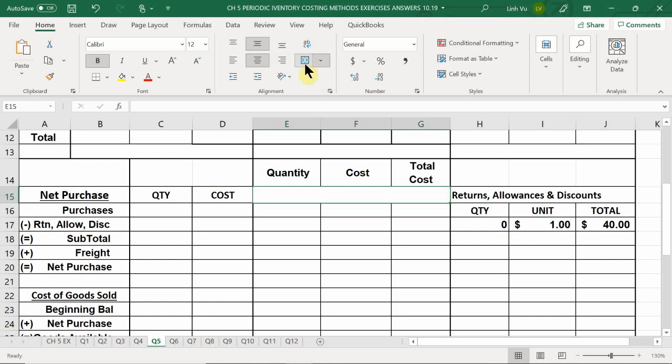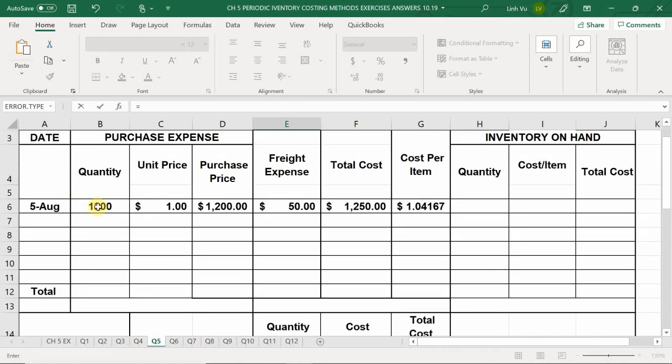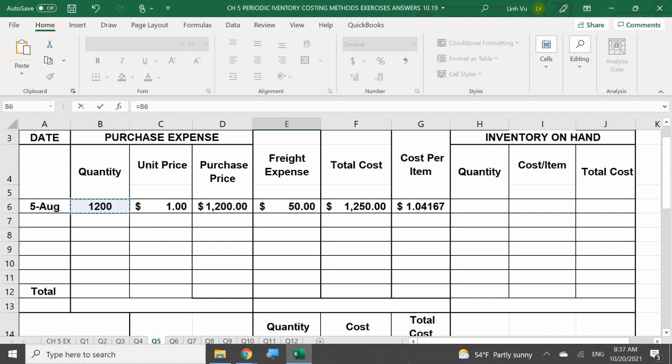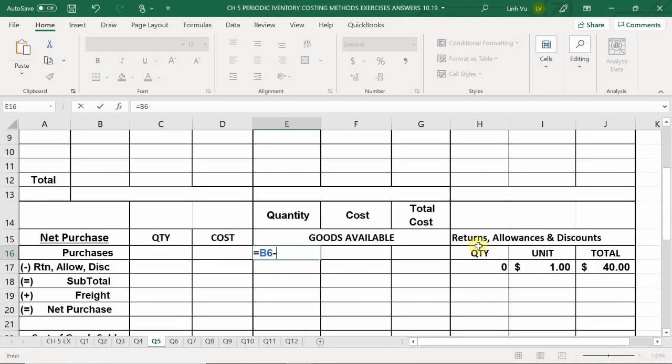Now this is what I'm going to do in order to keep track of my goods available. I'm going to make my column in the middle here. In this batch, I originally purchased 1,200, but I ended up getting some of them in the wrong color.